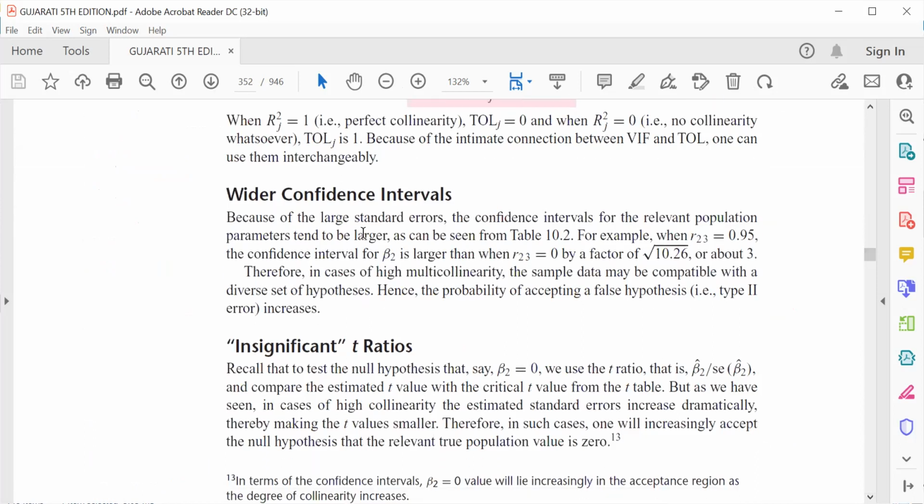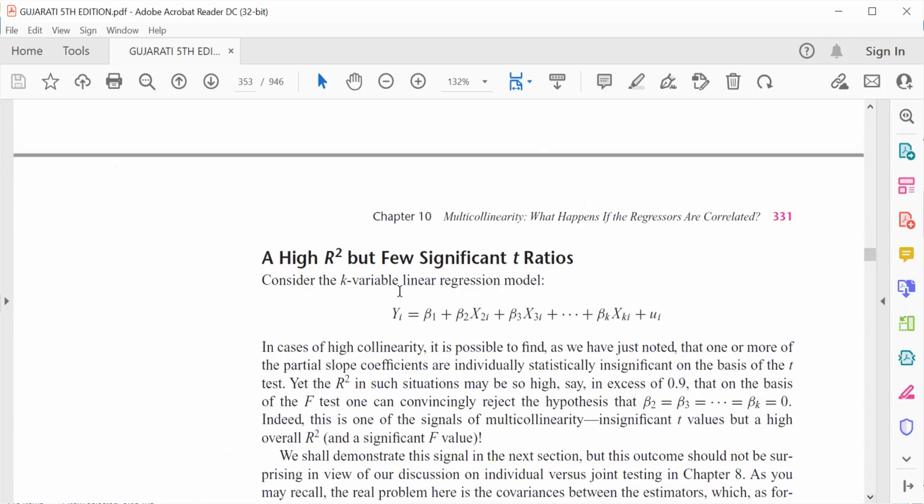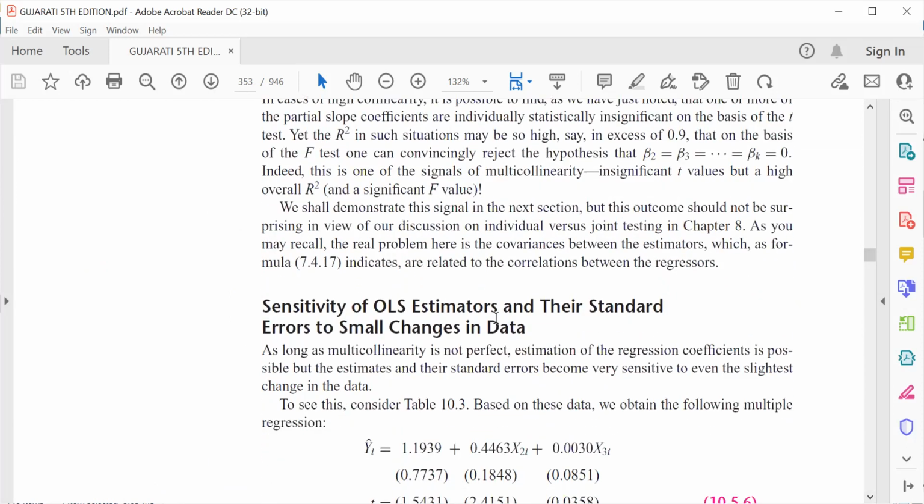This is the consequence of high multicollinearity: wider confidence intervals, insignificant T ratios. We have high R square but a very low T ratio. We have sensitive OLS estimators if we change the sample size or add some sample.